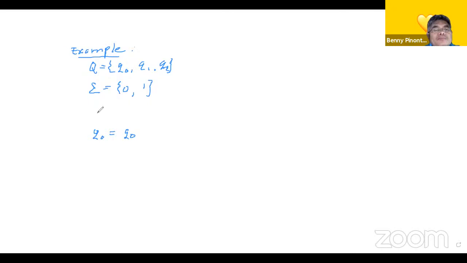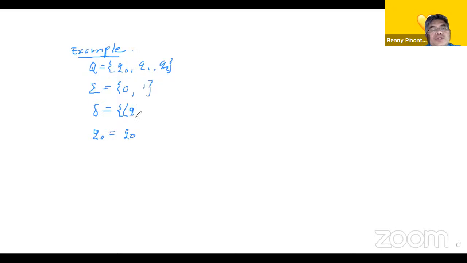And the delta, for example, this is our delta. Delta is a set, and each member of the set consists of a triple.